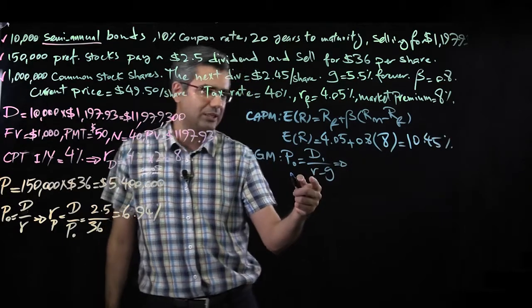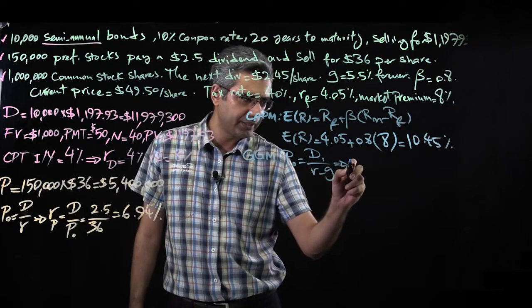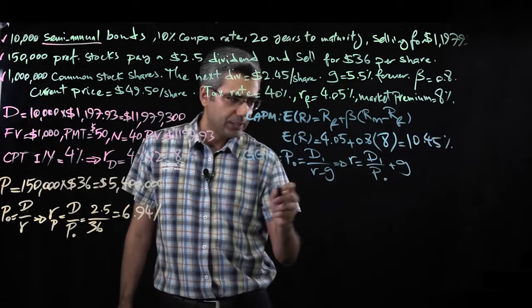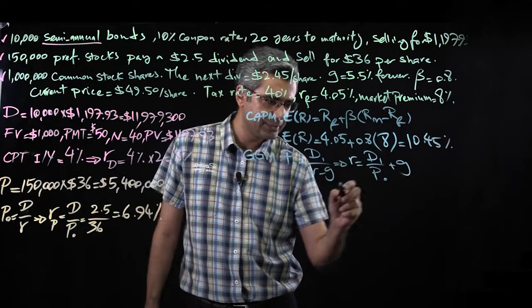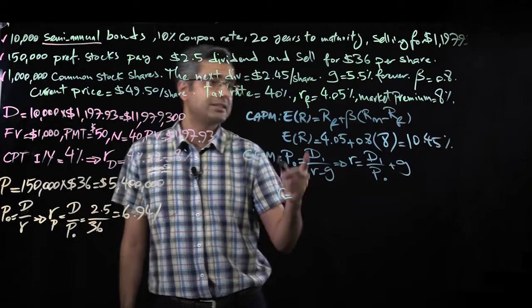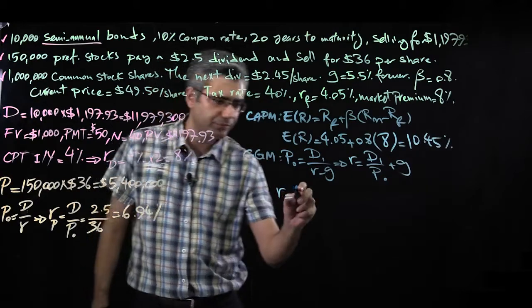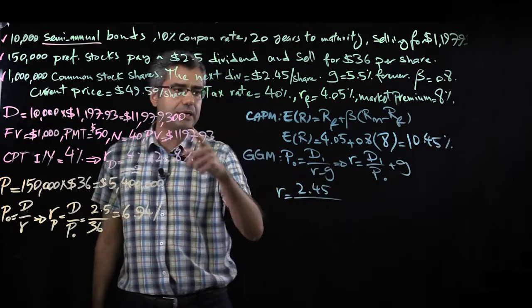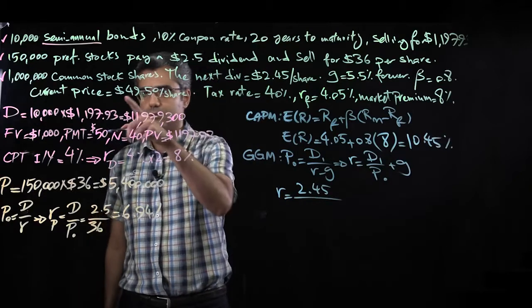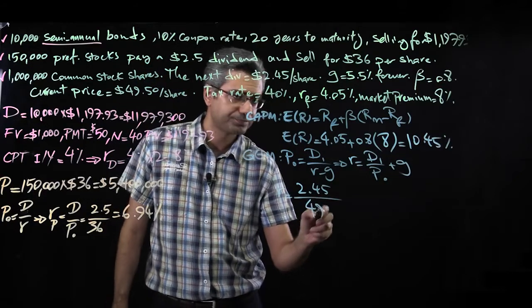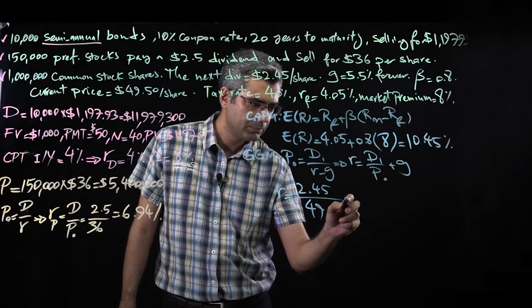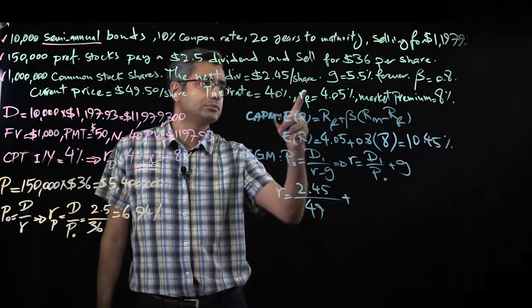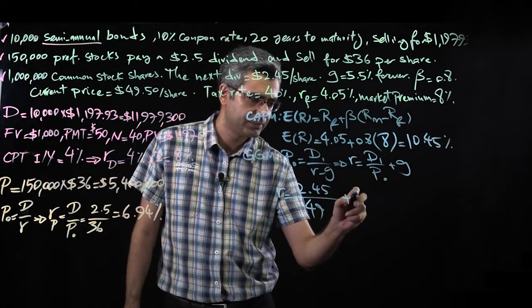Here we are interested in R. So R is D1 over P0 plus G. So R is the next dividend 2.45 divided by price $49, plus growth rate 5.5%.